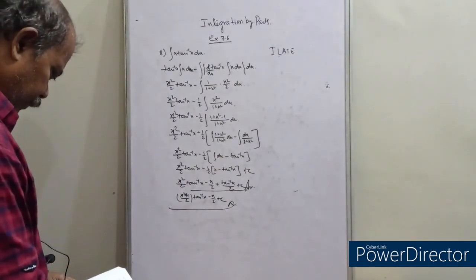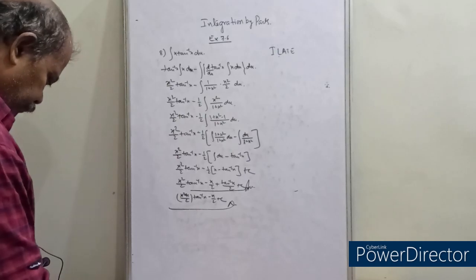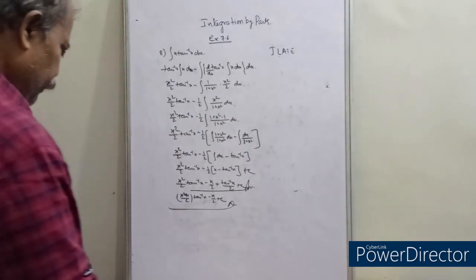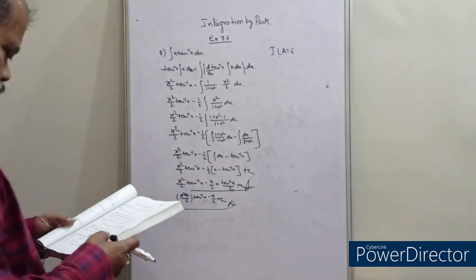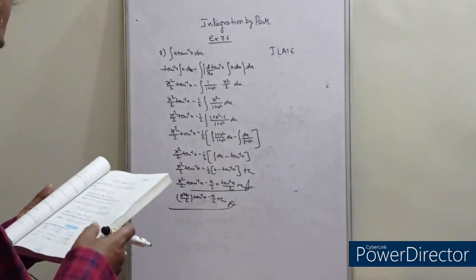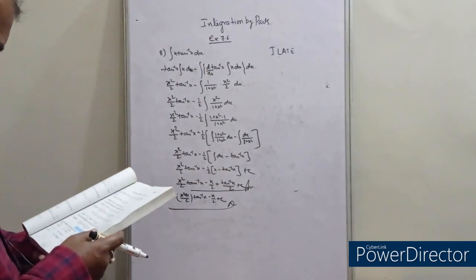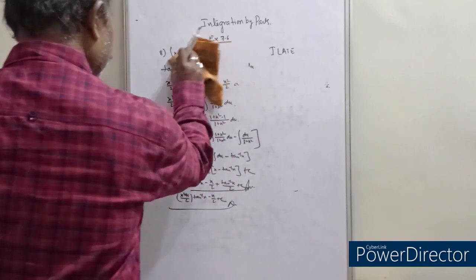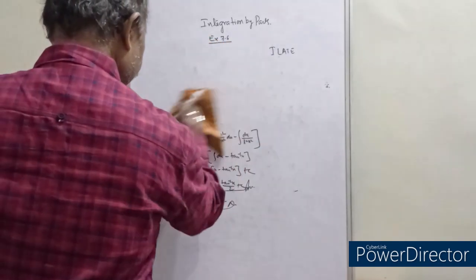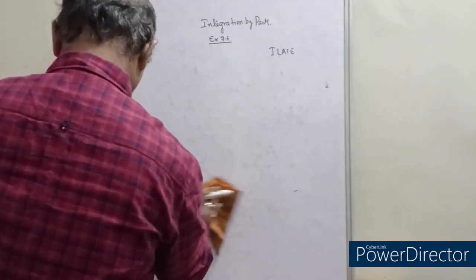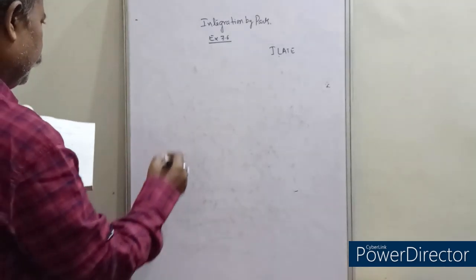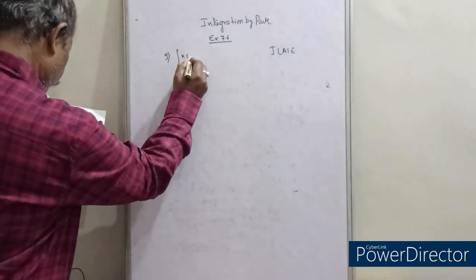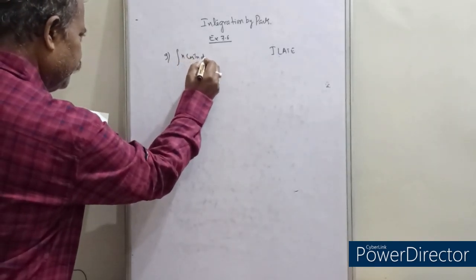So now I am going to question number 9. See here, your question number 9 will be the same as question number 7 which I did earlier, that is x sine inverse x. Question number 9 is integration of x cos inverse x dx.